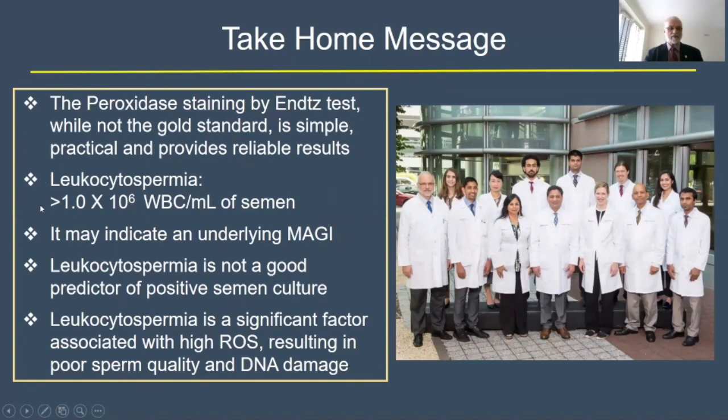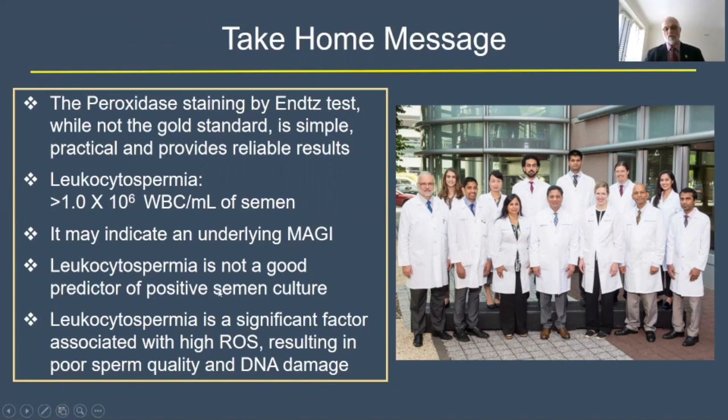Leukocytospermia is called when there are more than or equal to 1 million white blood cells per milliliter of semen. It may indicate an underlying genital tract infection in terms of MAGI, and leukocytospermia is not a good predictor of a positive semen culture.